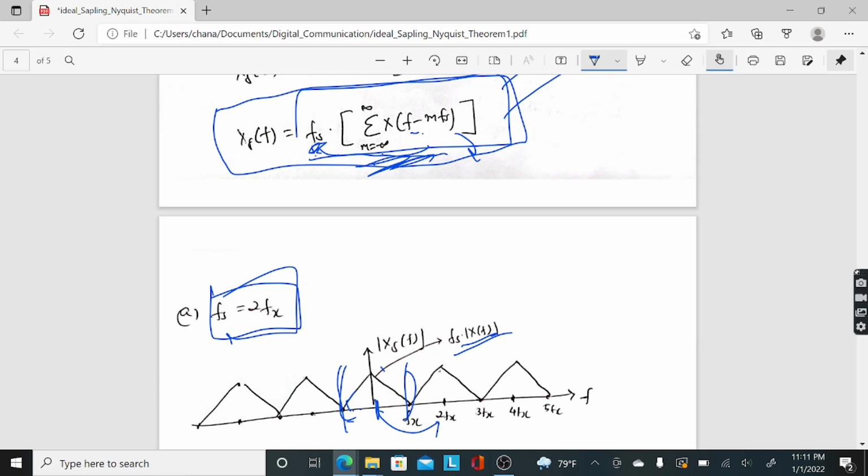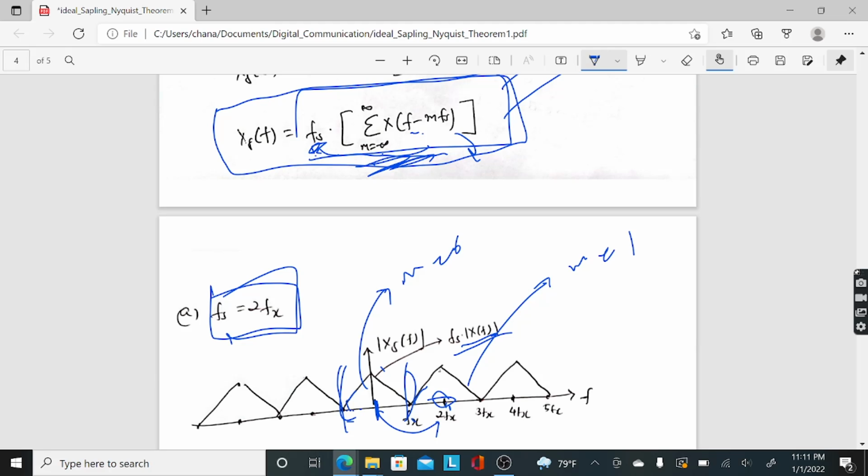So from 0, this will be centered on 2fx, and we know this was from minus fx to fx. So when it is centered on 2fx, the next plot is from minus fx to 3fx. So this initial one is when m equal to 0, this one is when m equal to 1.